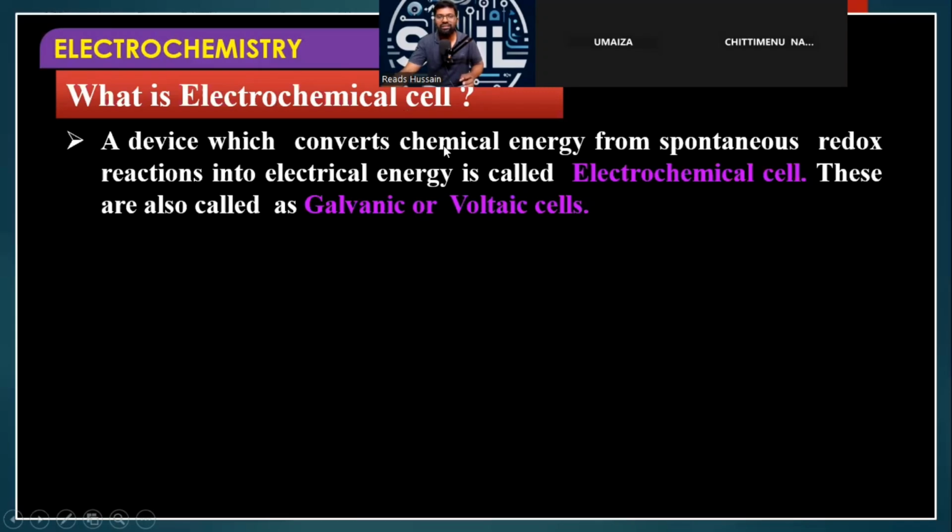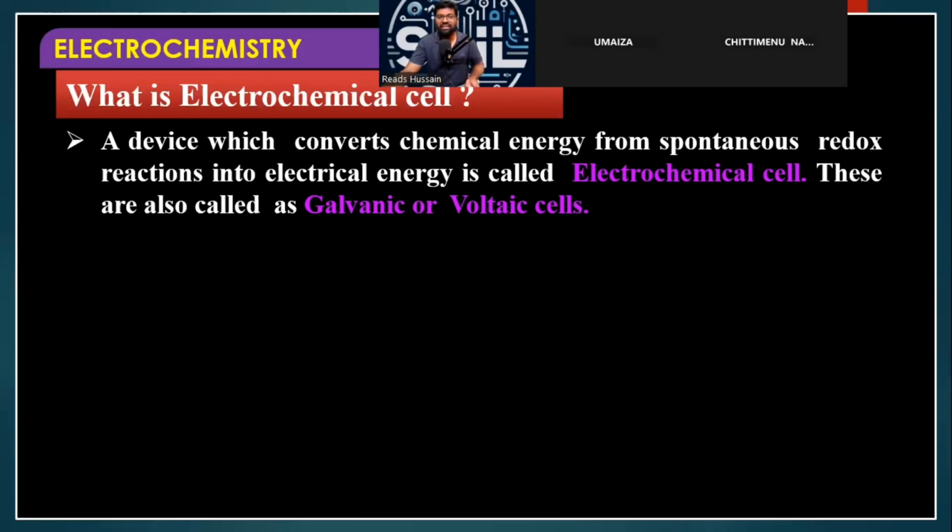From where do we get this electrical energy? Generally, during chemical reactions, particularly redox reactions. Do you know what redox reactions are? Redox is a combination of two words, reduction and oxidation. During redox reactions, some chemical energy is produced.